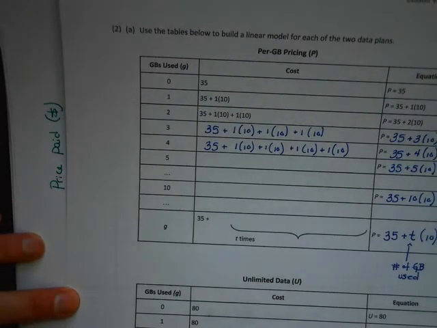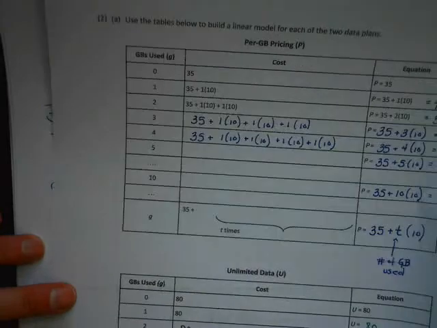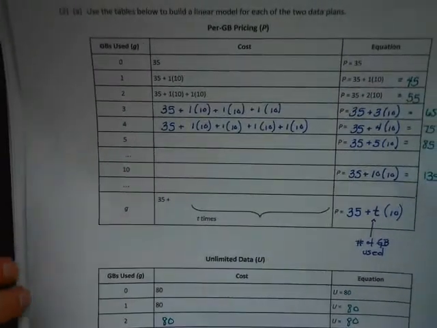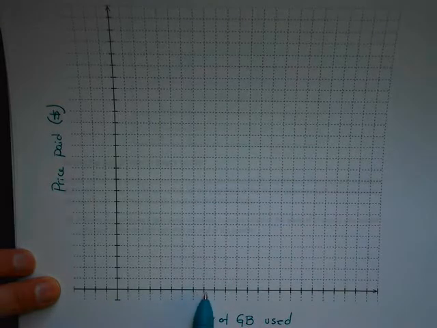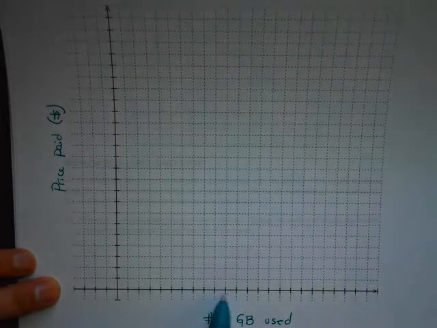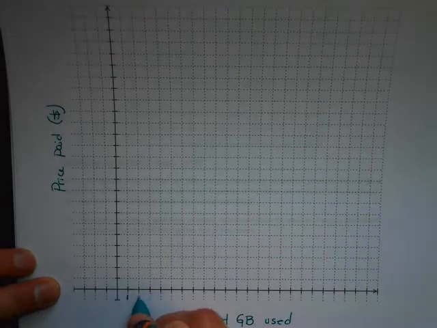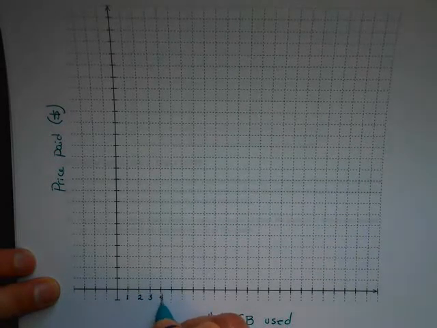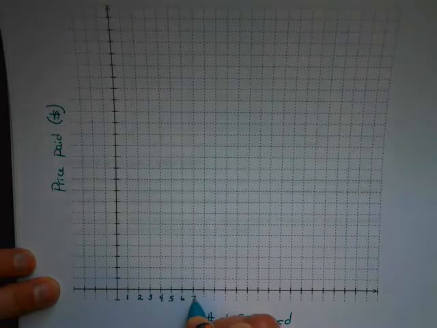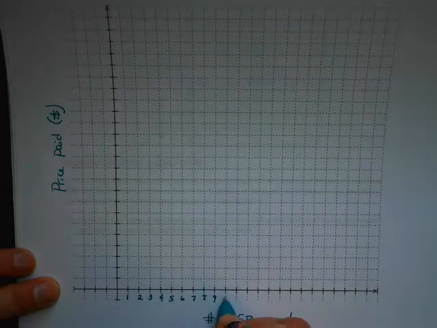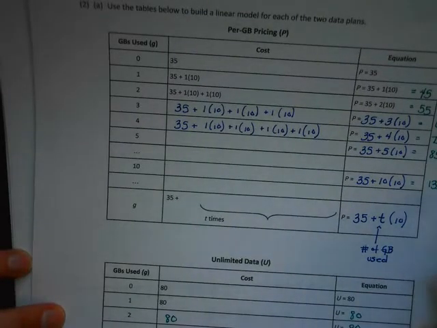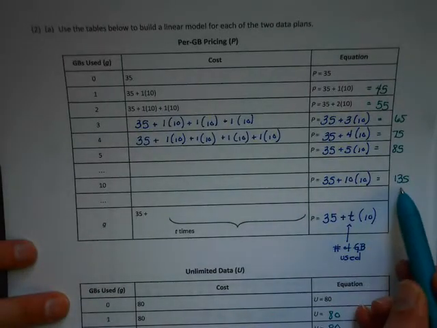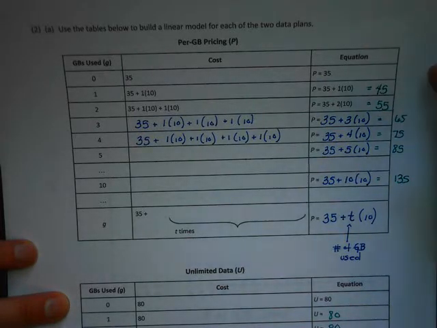This is the data values that we've collected. All right, so 1, 2, 3, 4, 5, 6, 7, 8, 9, 10. I guess we could just set these up as 1, 2, 3, 4, 5, 6, 7, 8, 9, and 10. And for 10, we need to go up to at least $135 if we were on the per gigabyte plan. Y'all see that? So we've got to go up at least to 135.